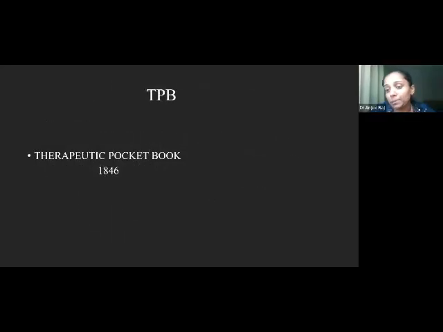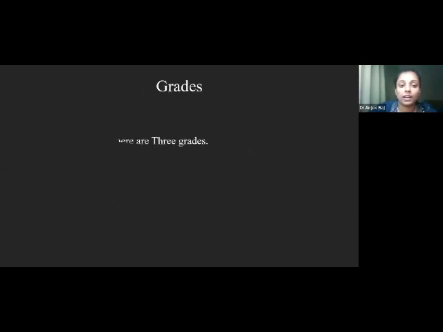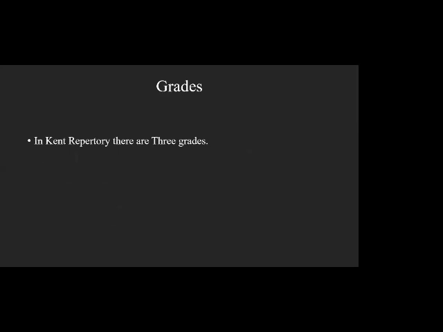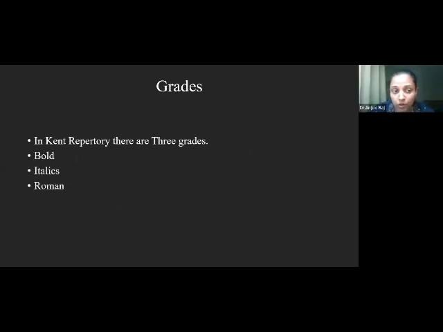Okay. Next, we go into the Therapeutic Pocketbook. It was published in 1846. Next, we go into the grades. How many grades are in the Kent repertory? Three grades. Which are they? Italics, bold, and Roman.